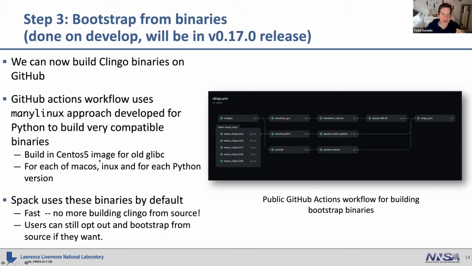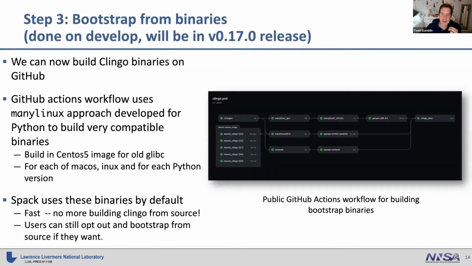So we actually build in a CentOS 5 image to use a really old glibc. And we have these bootstrapped on macOS, Linux, and different architectures. So essentially now, if you say spack install something, it goes and grabs these binaries first, and then you're set. They're installed for the rest of the time that you're using Spack, and we don't have to deal with this complicated source bootstrapping process anymore.